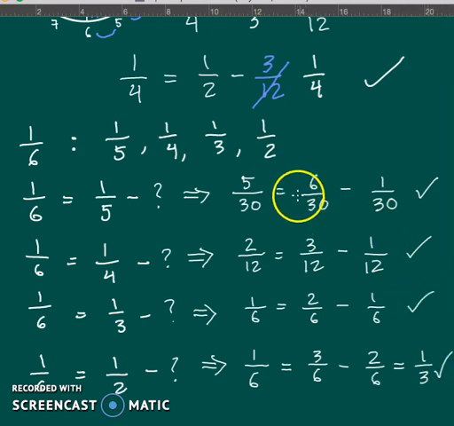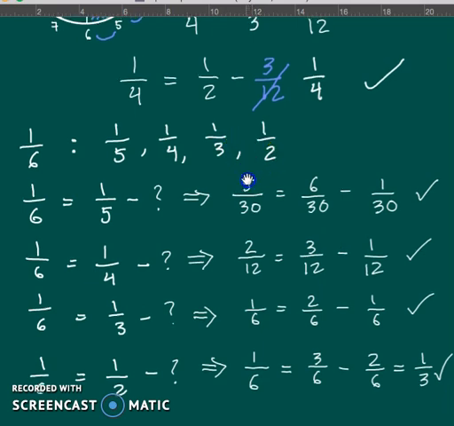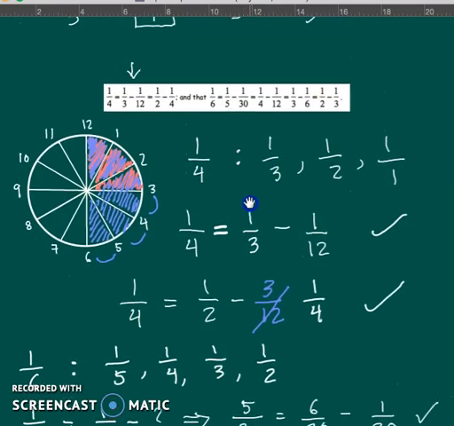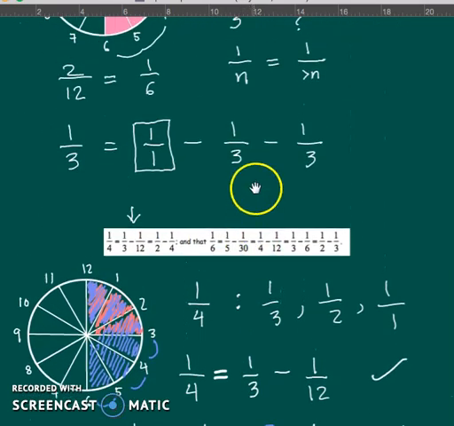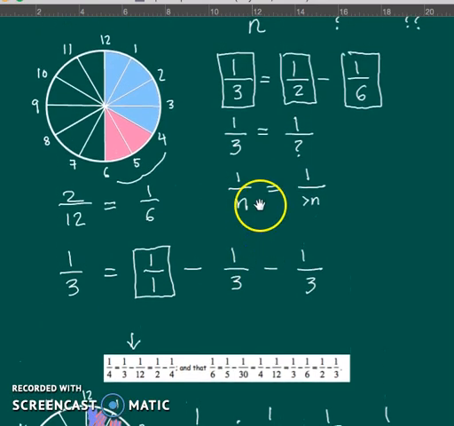So now let's count. Let's go back and count. In our first example, when we were looking at 1/3, we found one pair of unit fractions whose difference was 1/3. So we found 1.